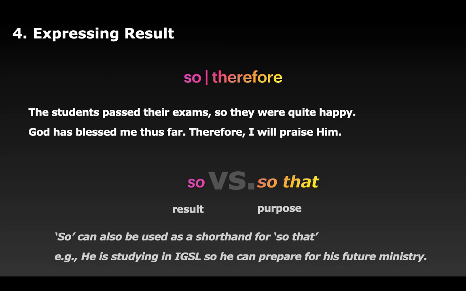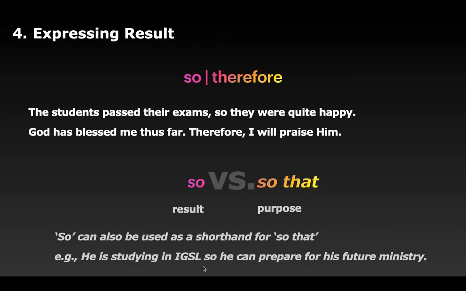Look at this example. He's studying in IGSL so he can prepare for his future ministry. It should have been, or it could have been, so that he can prepare for his future ministry. Right? But then, we have here so. As I said, it can be used as a shorthand for so that.